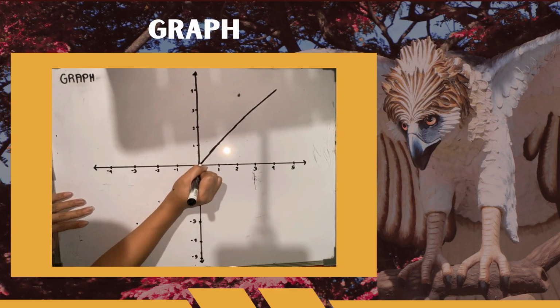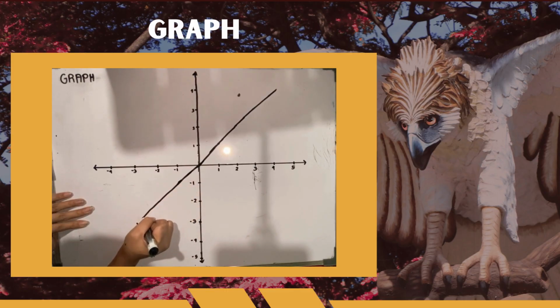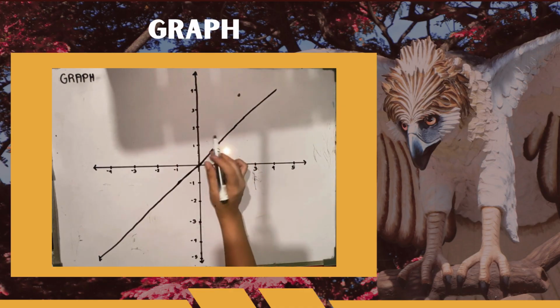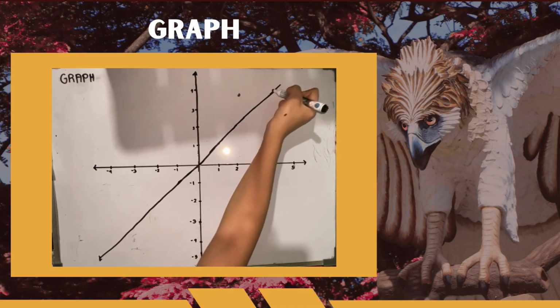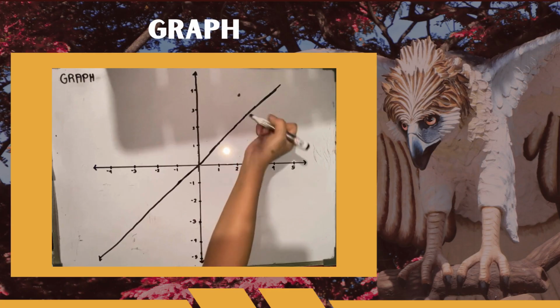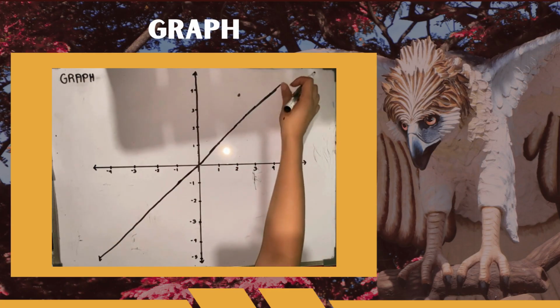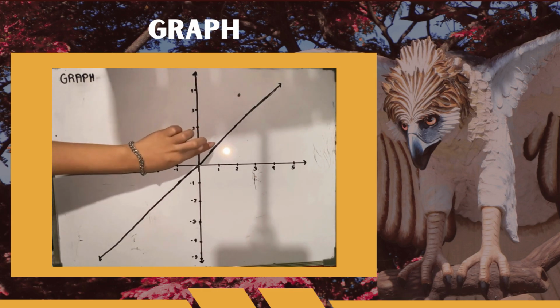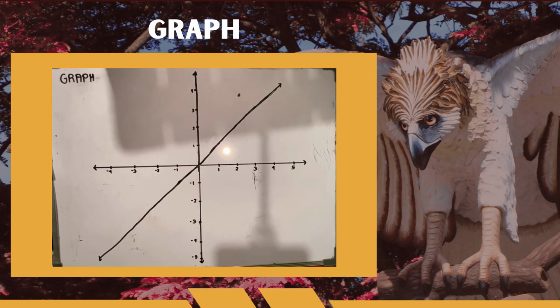And now we have our first curve. Let's proceed to our next curve. First, we again plot the points with the help of our table of values.